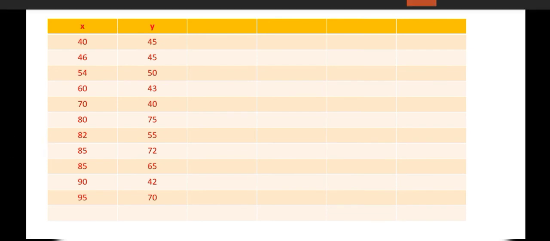The first column will be the values of x, second column will be the values of y, third column rank x, fourth column will be rank y, fifth column will be d, which is equal to x minus y, and last column will be d square.